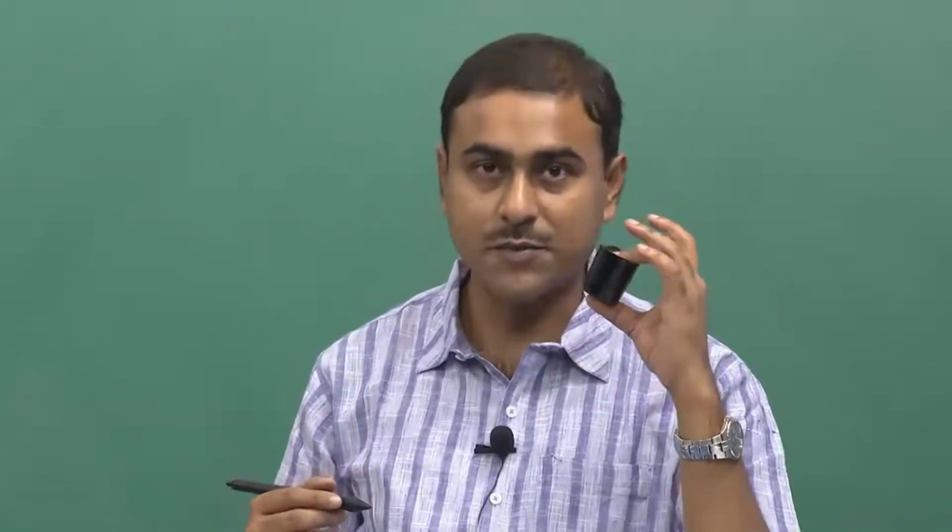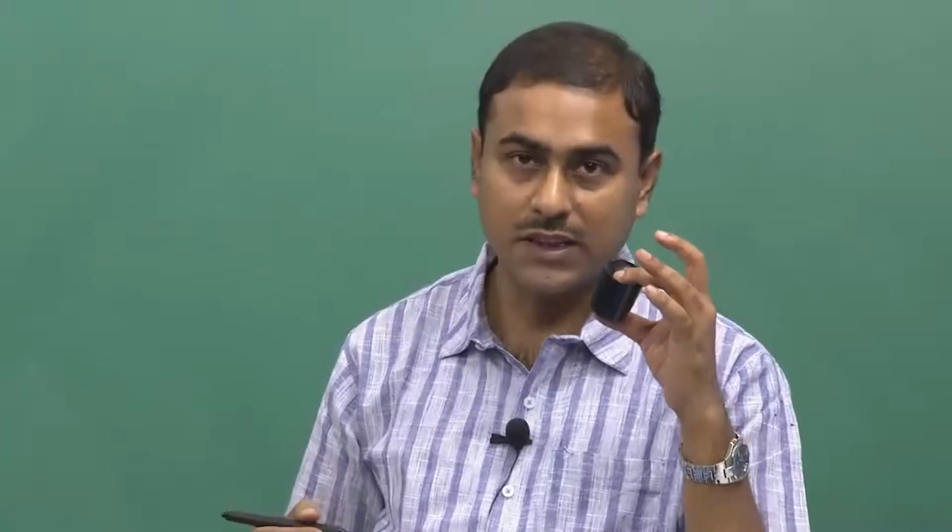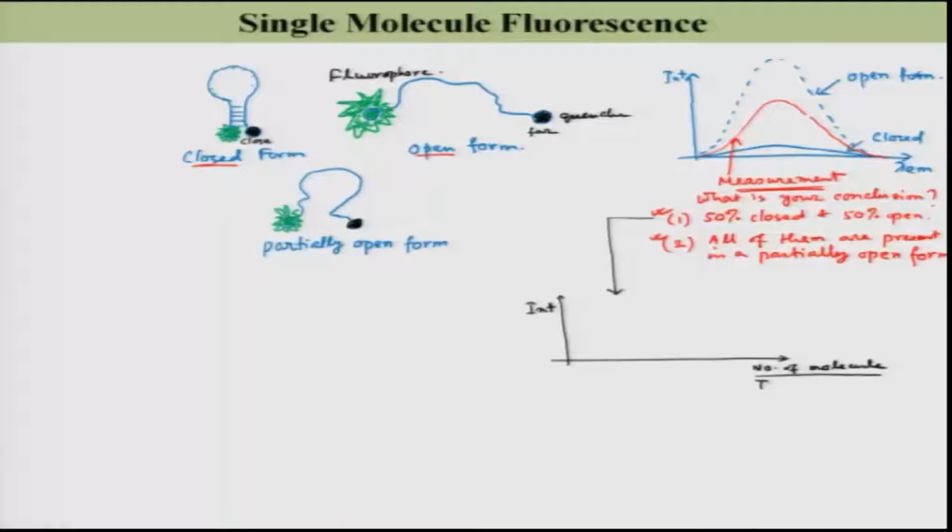For such an arrangement, I can replace the number of molecules with time, for continuous monitoring. So I can refer to this axis as time, for a specific observation volume.